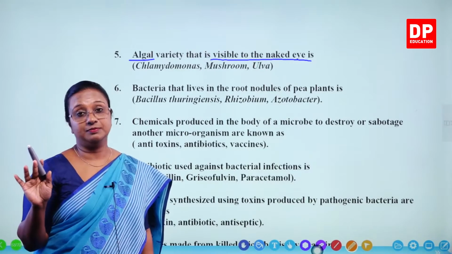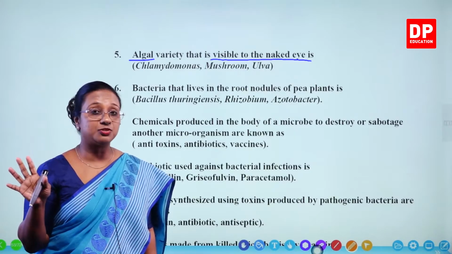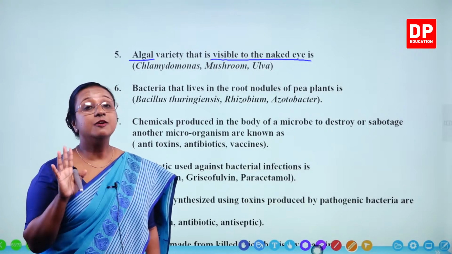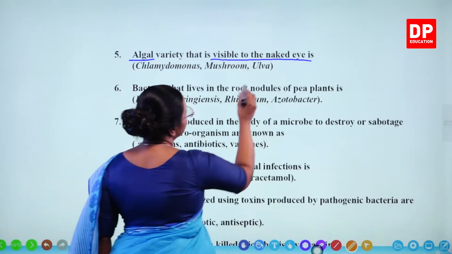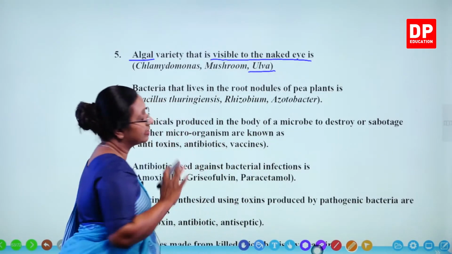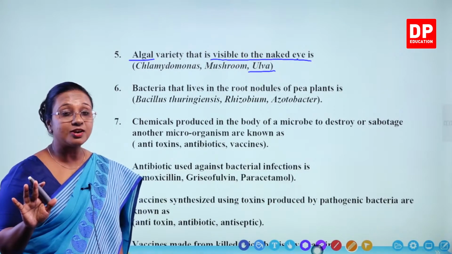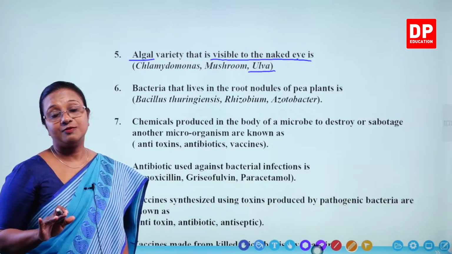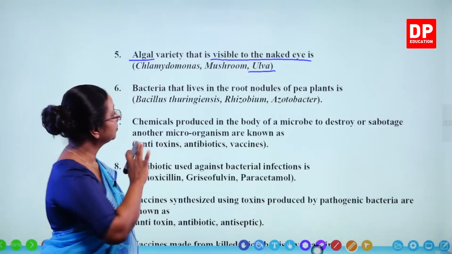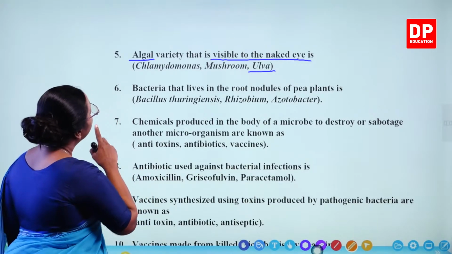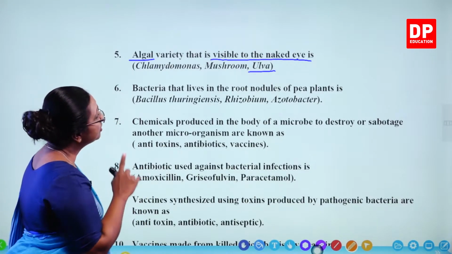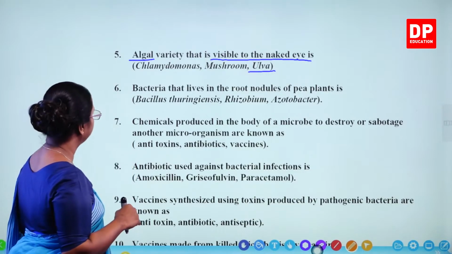Mushroom is visible. You have seen mushrooms, you eat mushrooms, but it is a fungus. So it has to be ulva, that is correct. Why? Ulva is an algae, it has a thallus body structure and you can see it with the naked eye. So that is the answer. Algal variety that is visible to the naked eye is ulva.